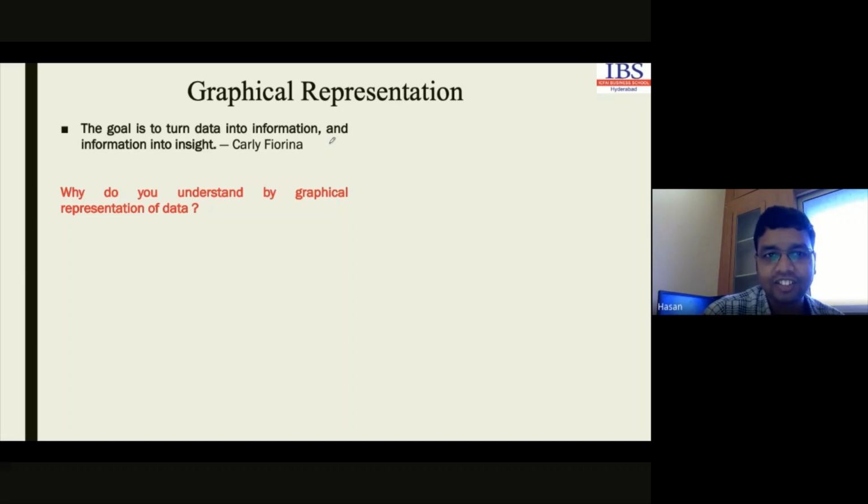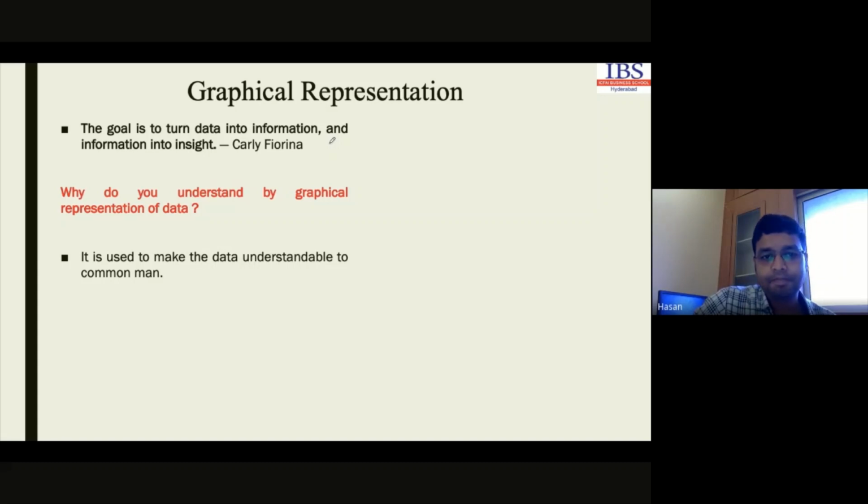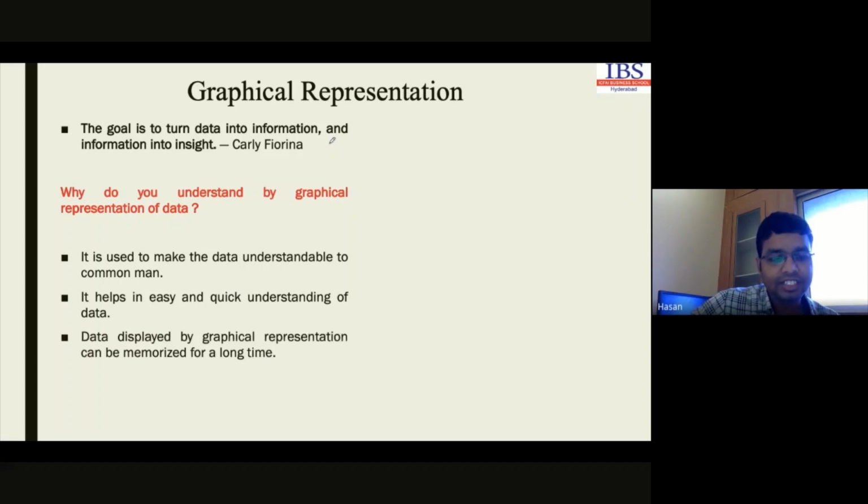These two reasons are enough to represent data in graphs. The first one is that it makes the data easy to understand for everyone. The next one is it helps us understand very quickly. Just observe and decide what is there. And the next one is that data displayed by graphical representation can be memorized for a long time.